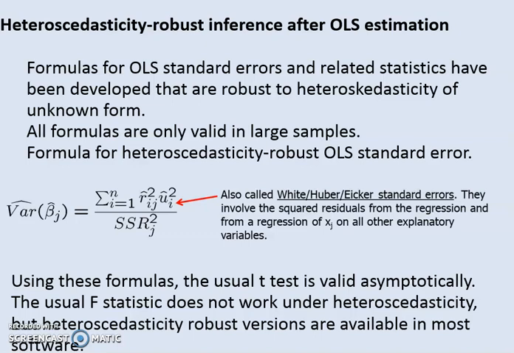This is taken from Wooldridge, and Wooldridge uses SSR, which is the same as our RSS, the sum of squared residuals. Using these formulas, the usual t-test is now valid, and we can get this robust version of the standard error from most software. EViews will give you this robust standard error once you choose or click White standard errors.